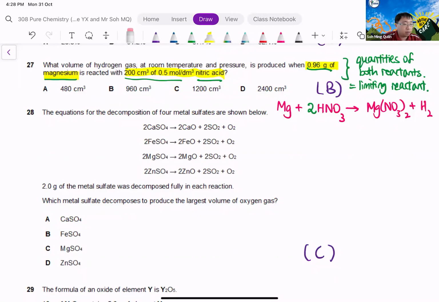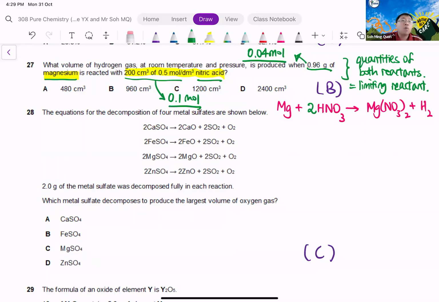Okay. Just give me a minute. Let me just calculate. 0.96 grams of magnesium, if you divide by 24, gives you 0.04 mole of magnesium. 200 cm³ of nitric acid of 0.5 mole per dm³ is 0.1 mole of nitric acid.